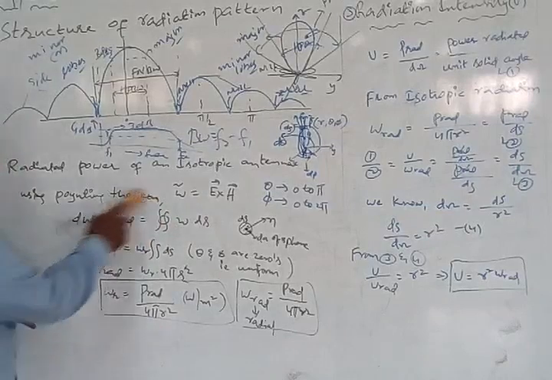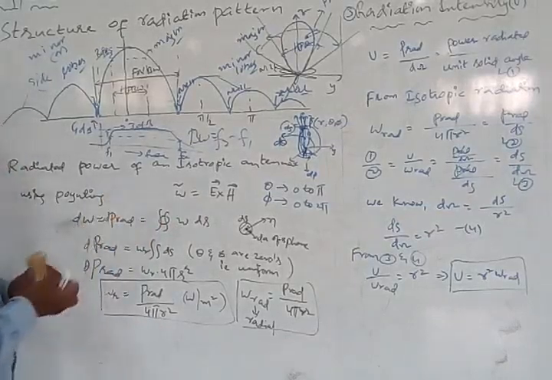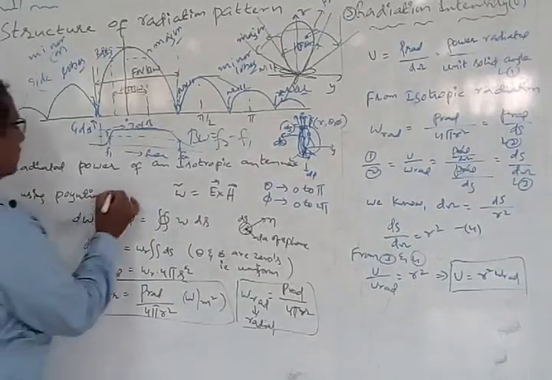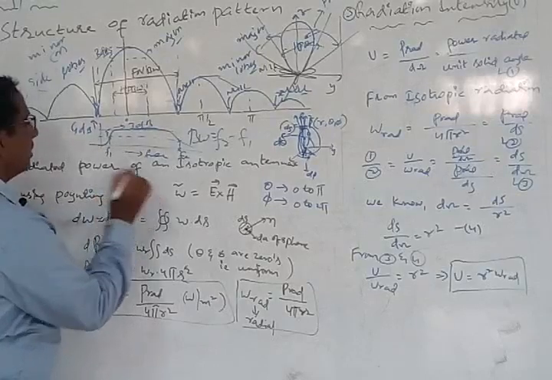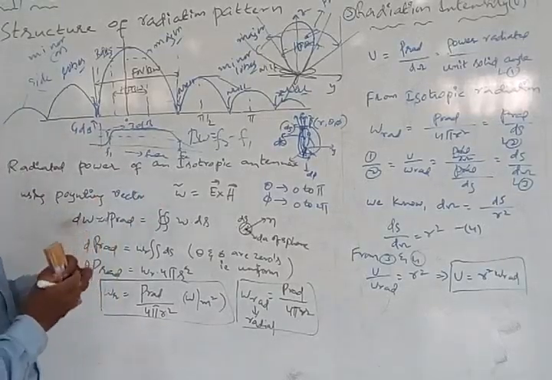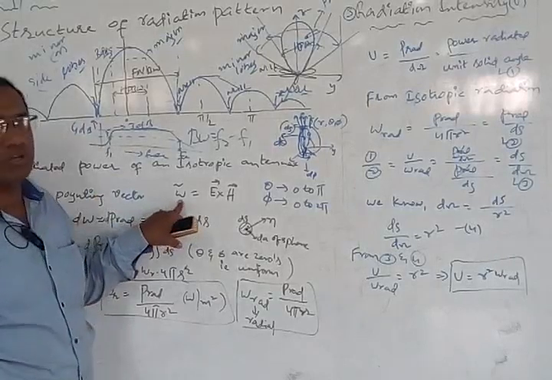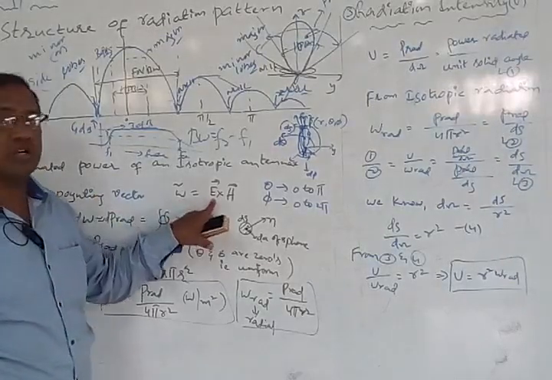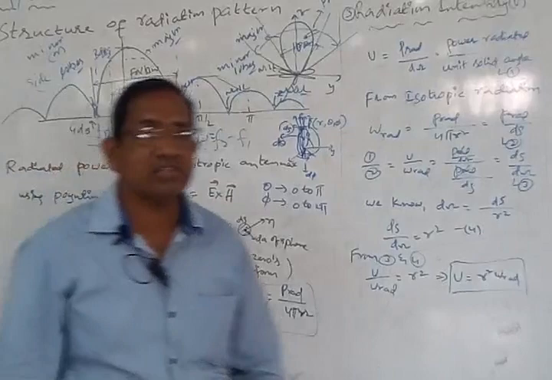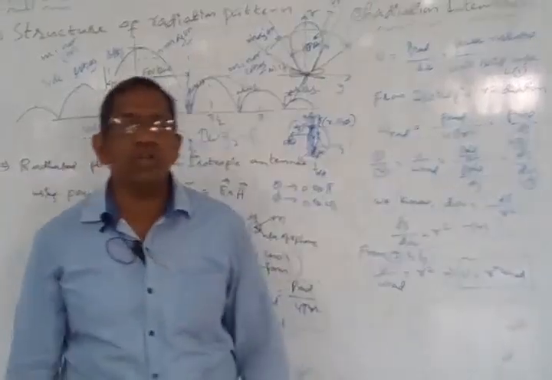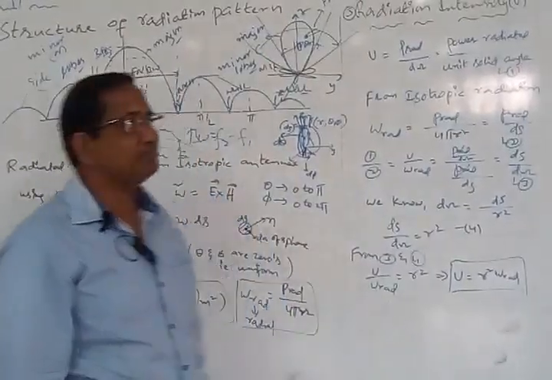What is this Poynting vector going to tell us? We will talk in terms of vector representation only now. Using the Poynting vector, what can I write the power as? In the electrical sense, power is equal to voltage into current.